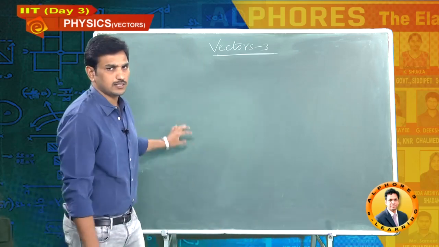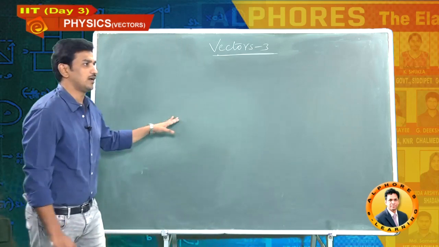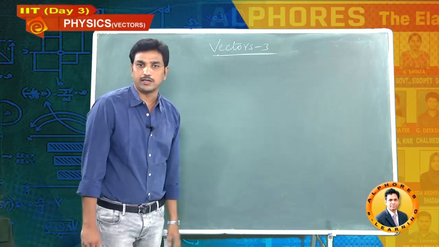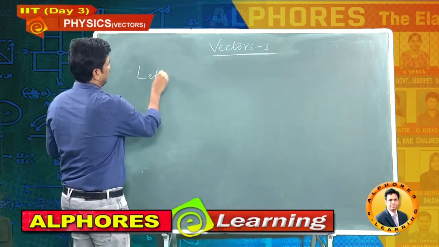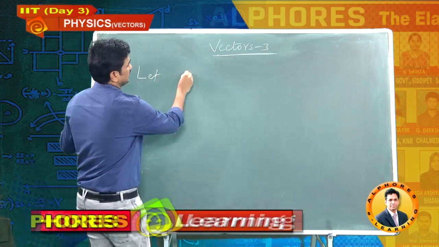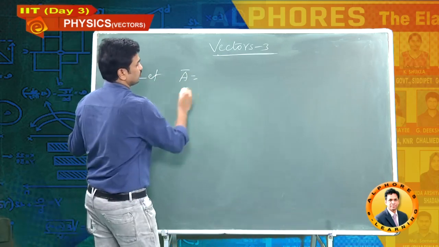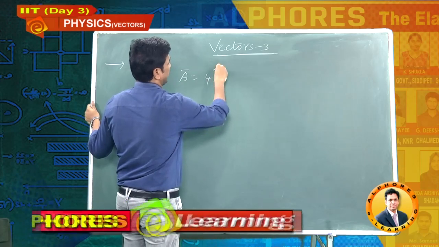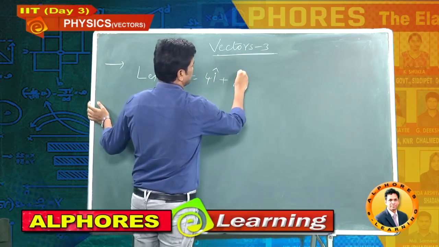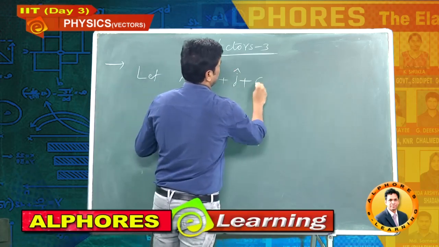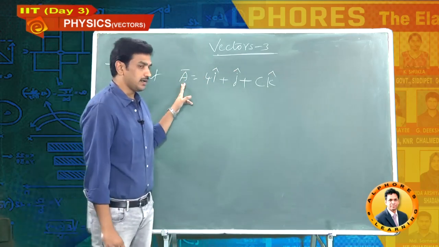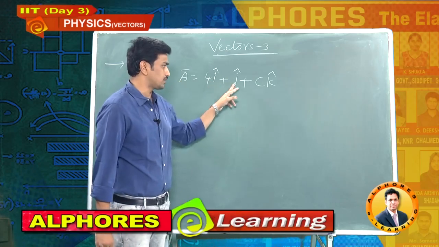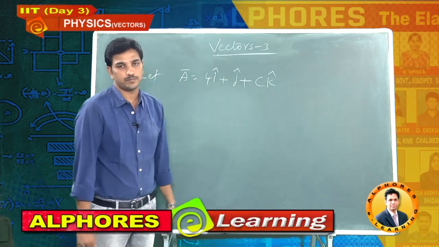See here, one more. The unit vector concept we already discussed. I will give you one more numerical depending on unit vector. Let A bar be equal to 4 i cap plus j cap plus c k cap.